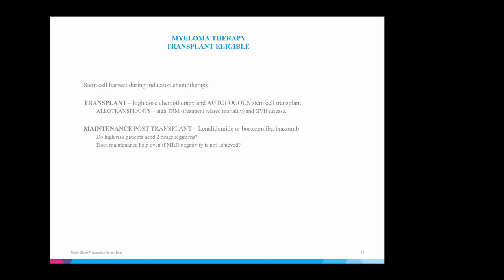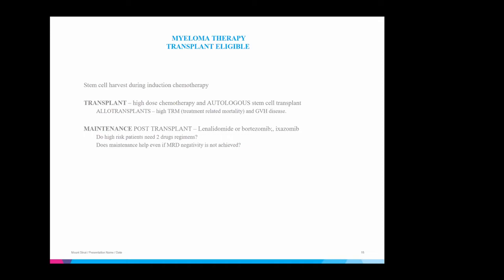Those patients have their induction chemotherapy stopped for the stem cell harvest, and then they usually get 1 or 2 more cycles after that and go on to transplant, which is high-dose chemotherapy and autologous stem cell transplant. Allo transplants are not favored upfront in myeloma patients these days because there's a very high treatment-related mortality and a lot of graft versus host disease in those patients.